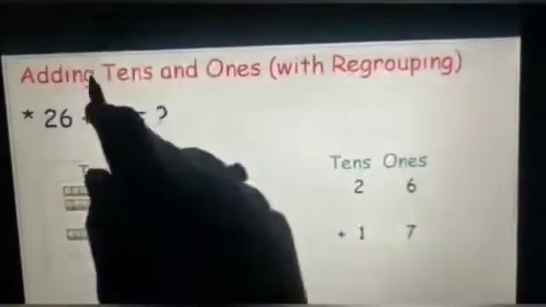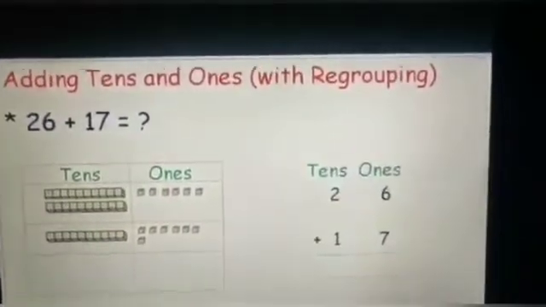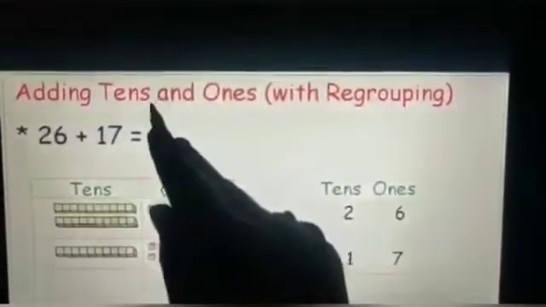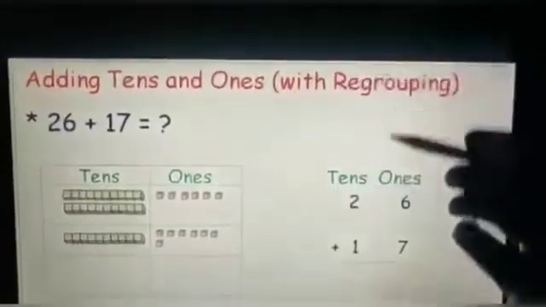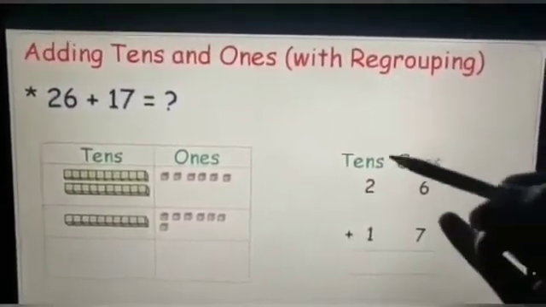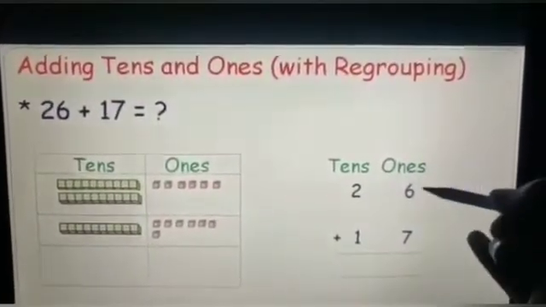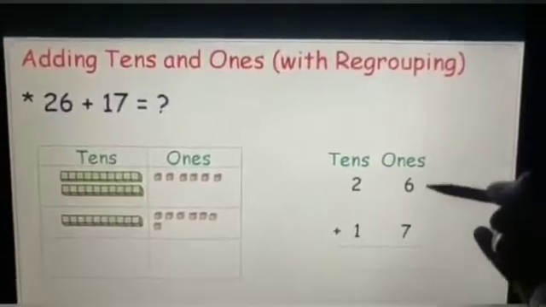So first we are starting with adding tens and ones with regrouping. In the last session, we discussed tens and ones in our place value chart. And I told you, whenever we write, we start with tens. But while we add, we start with ones.